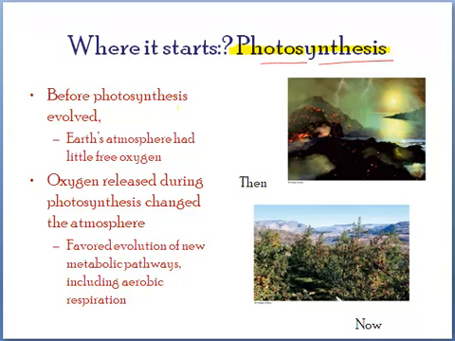before photosynthesis actually evolved, the Earth's atmosphere had very little free oxygen. So photosynthesis is an evolutionary process in which, over a period of time and evolution, processes evolved that released oxygen.